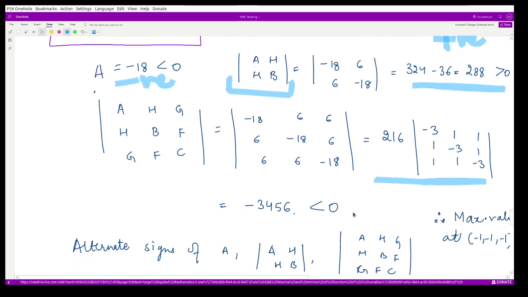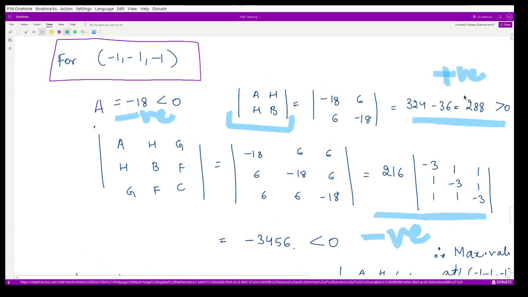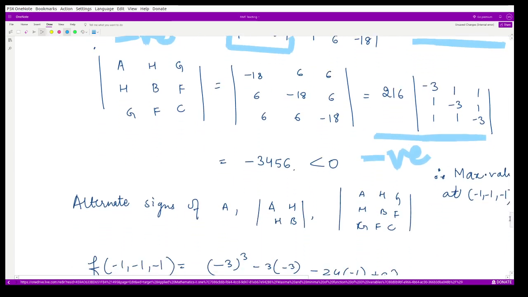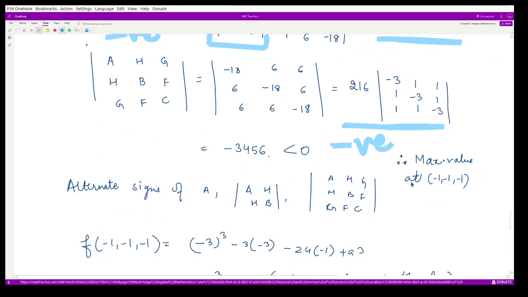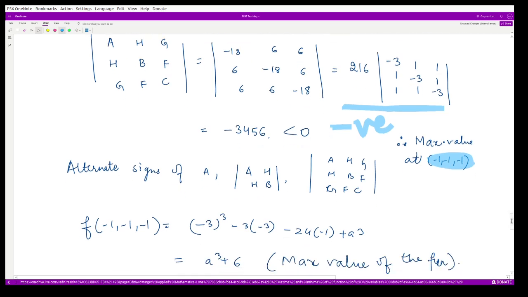When you solve this, you obtain again a negative value. So according to the conditions, you have a negative, a positive, and a negative. That means you obtain a maximum value at the point -1, -1, -1 because of the alternate signs.